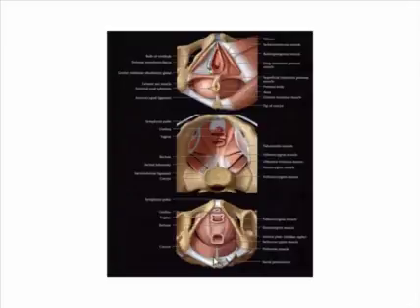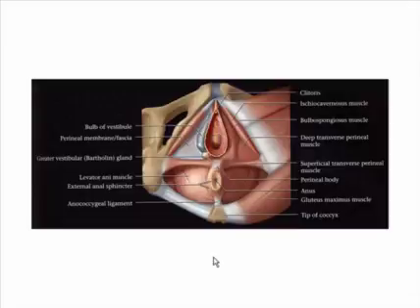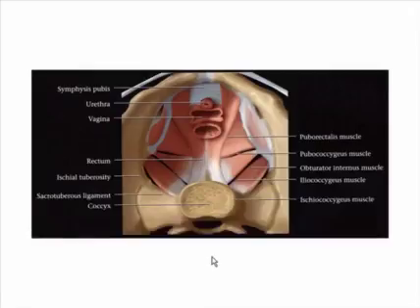Now, I refer back to this group of diagrams showing the pelvic floor, the pelvic diaphragm as imaged from below, as imaged from above, and the three main structures that we're interested in the axial plane. So in the axial plane, we see the urethra at the top of the image, the vagina in the middle, and the rectum at the bottom of the image with the levator ani muscles surrounding that.